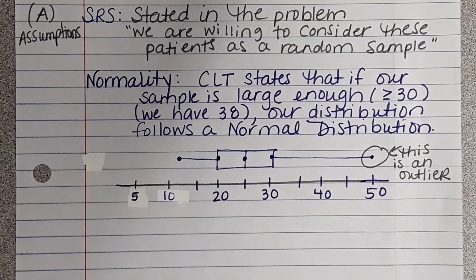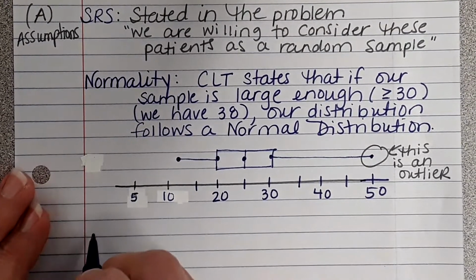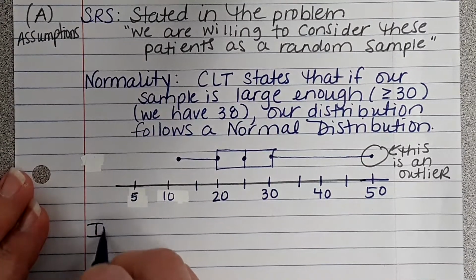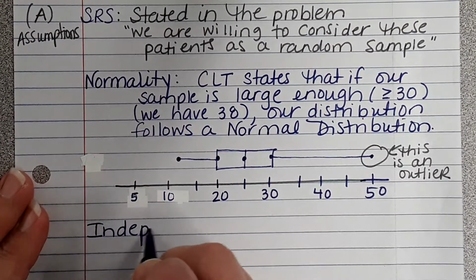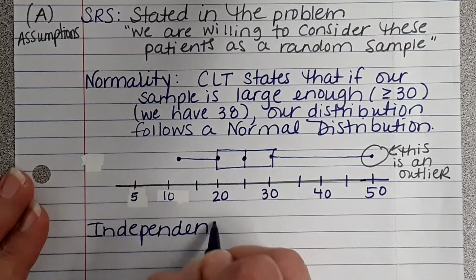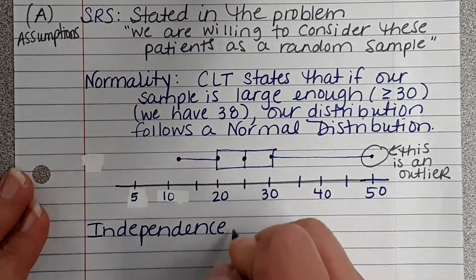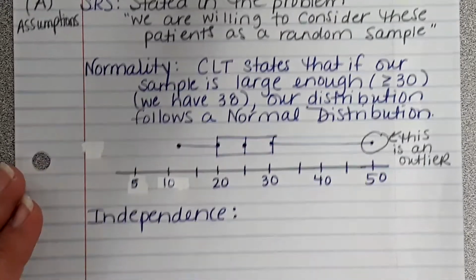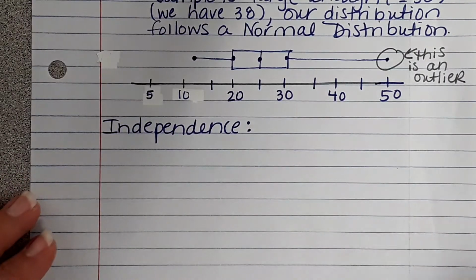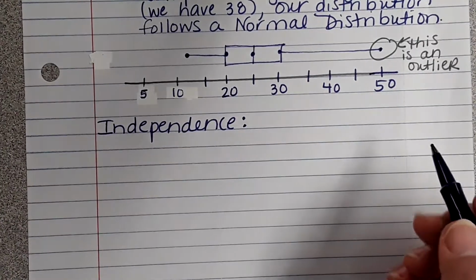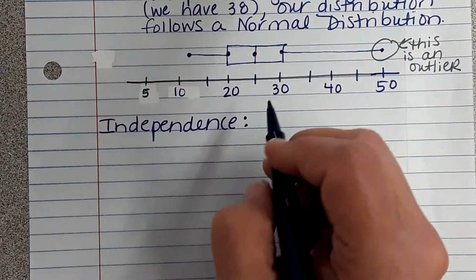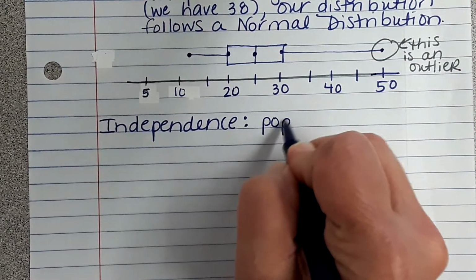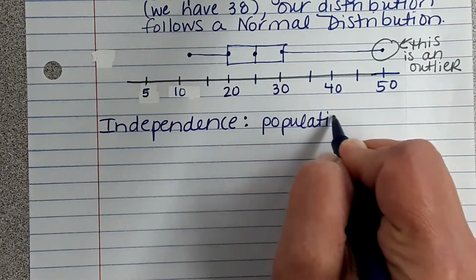Now, what's the last thing we have to prove for our assumptions? Independence. And what is our independence for today? Our population of what? Sample size. But what is our population of?